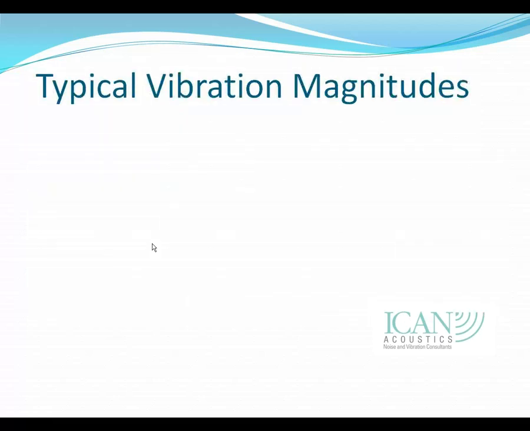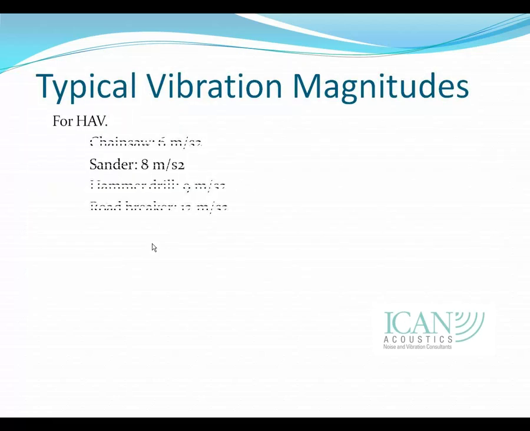Okay, so let's look at some typical vibration magnitudes. For hand-arm vibration, for example, a chainsaw typically generates 6 meters per second squared in terms of its acceleration. This is an example of a hand sander. It generates, again, a higher acceleration. Again, a hammer drill and so on, and a Rockbreaker.